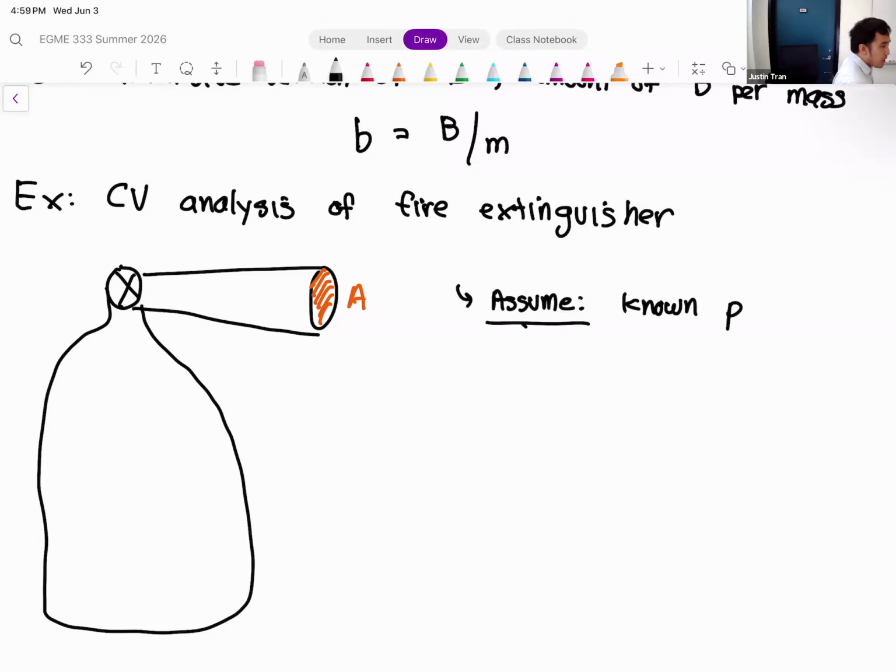Let's say that, based on the specifications of this particular fire extinguisher, once we push down the lever, we know the velocity of the fluid coming out as well.